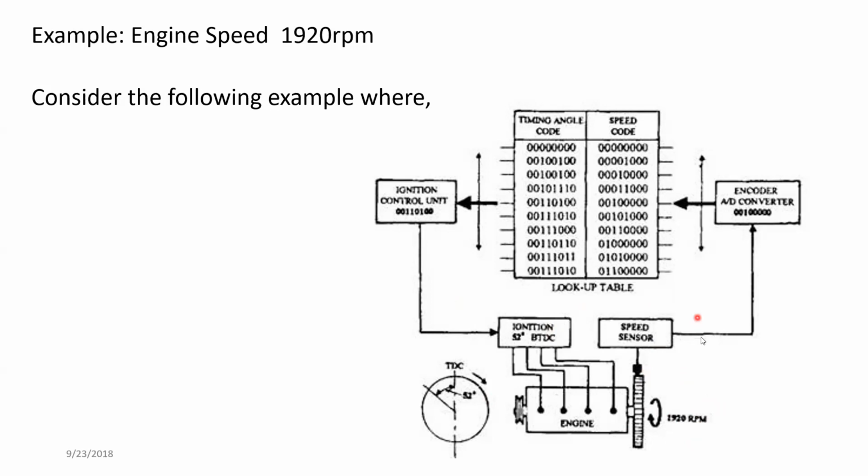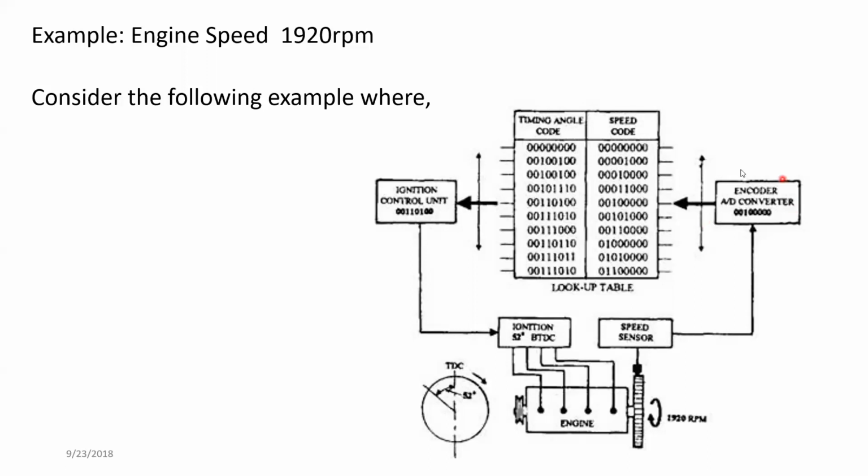So how this works is, the speed sensor reads this value and sends it to an analog-to-digital converter. The engine control unit is actually a digital computer, so it only reads binary values. Whatever reading comes in has to be turned into a binary value.